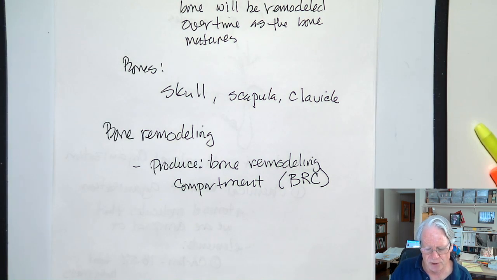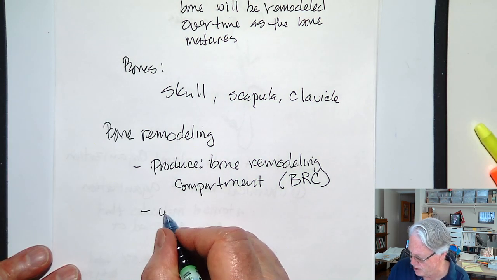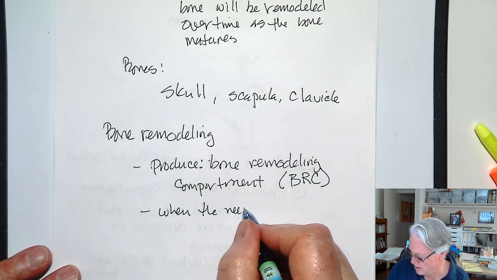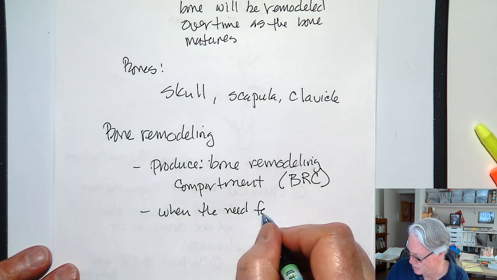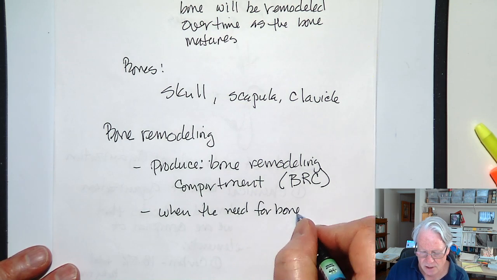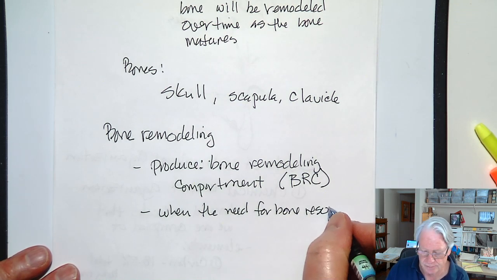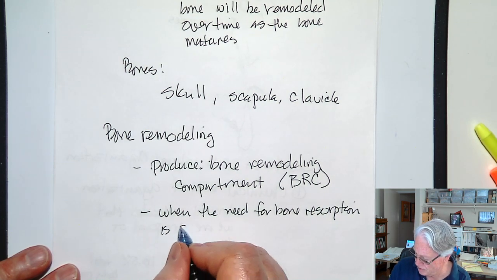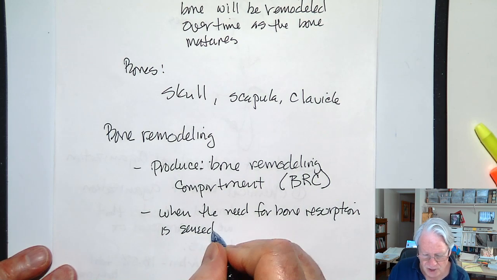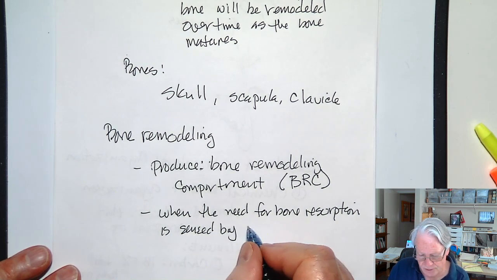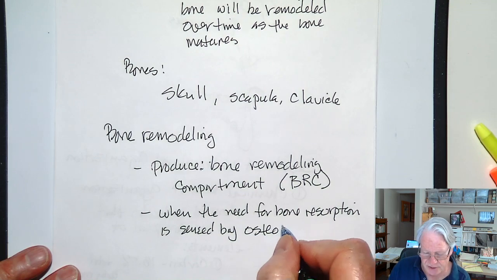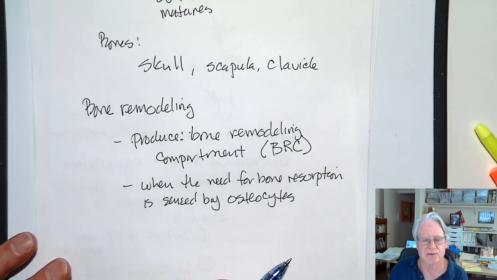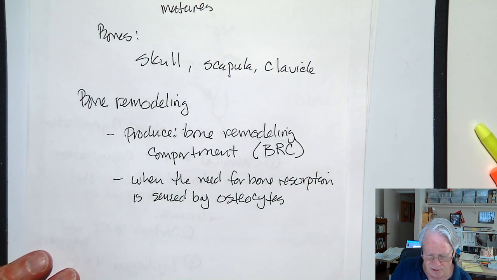So where is this being produced? When the need for bone reabsorption is sensed by the osteocytes. So again, we're getting back to the osteocytes sitting in the bone and being able to measure changes in the bone because they're sitting within that material.